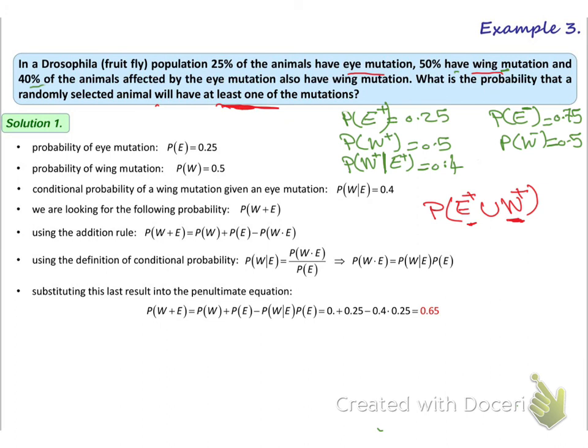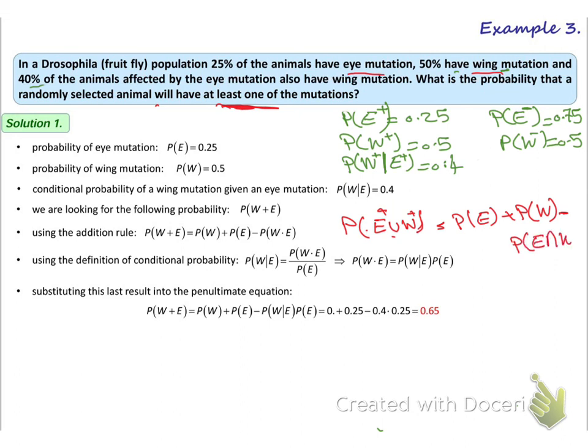The general formula for union: the probability of E union W, or E positive union W positive, will be equal to the probability of E, plus the probability of W, minus the probability of their intersection, the probability of E intersect W, or EW, as you like.